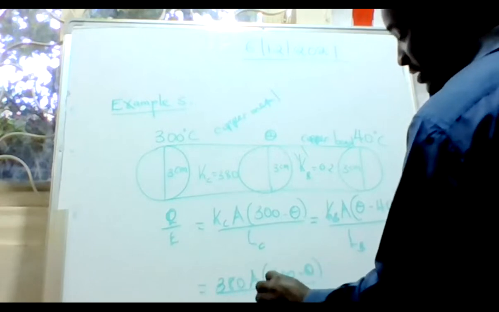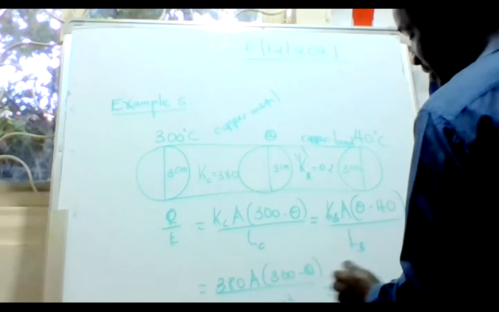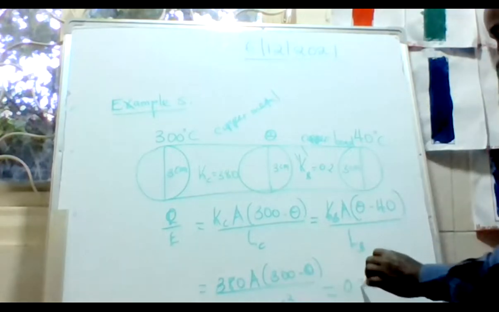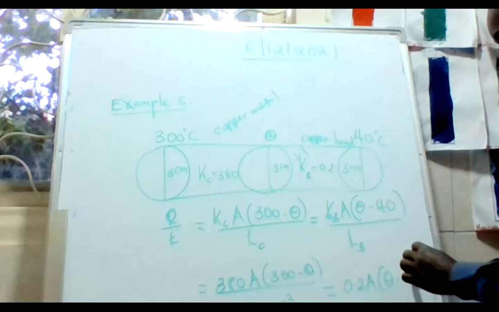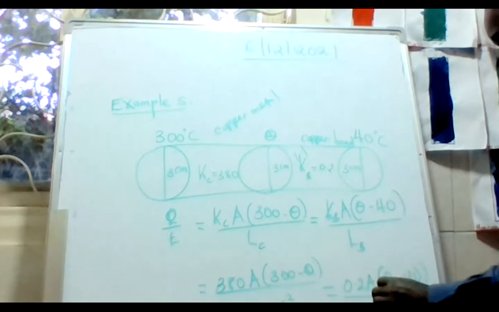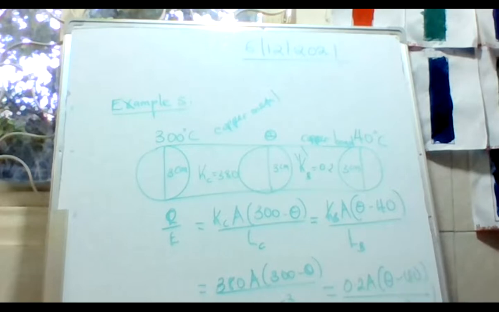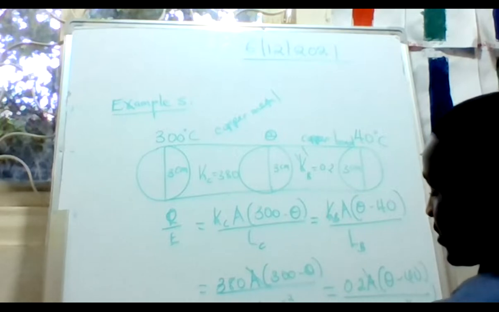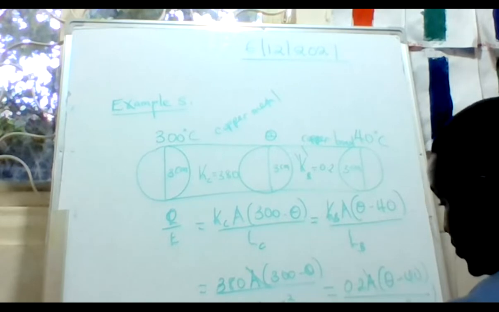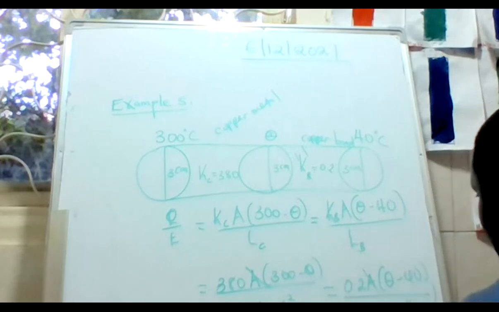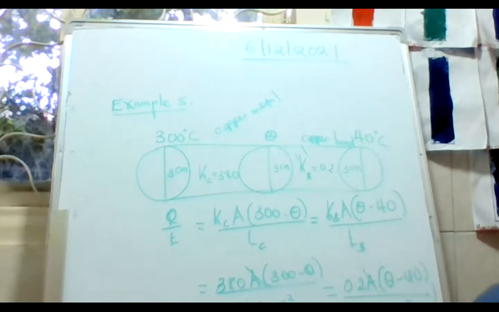Changing to meters, this is 0.2 times A into theta minus 40 divided by 3 times 10 to the power negative 2. So remaining with 380 into 300 minus theta equal to 0.2 into theta minus 40.